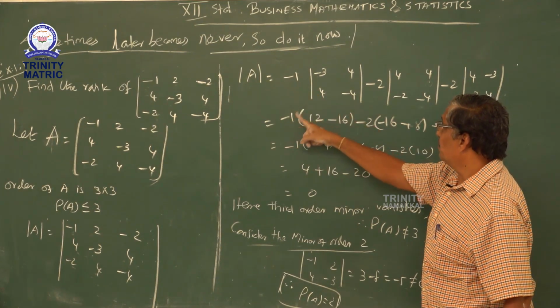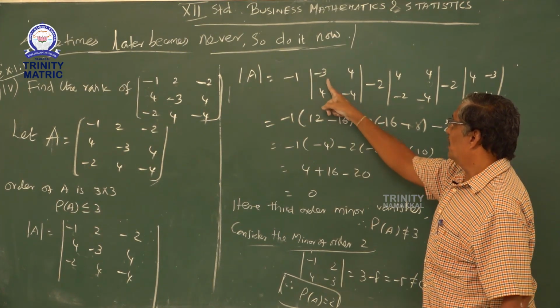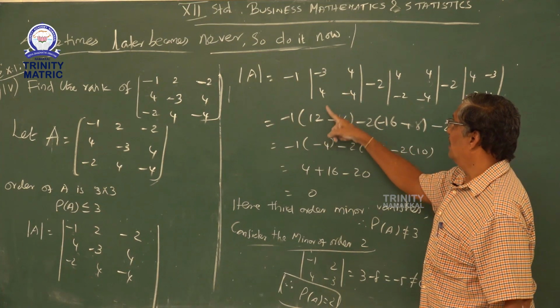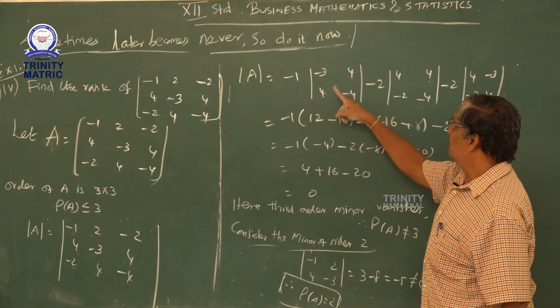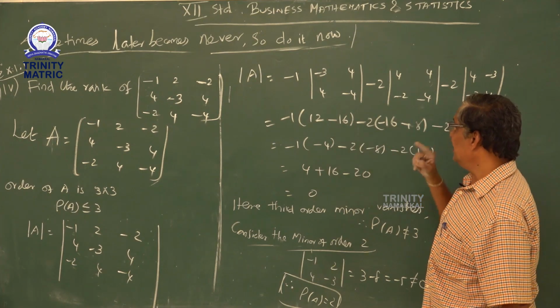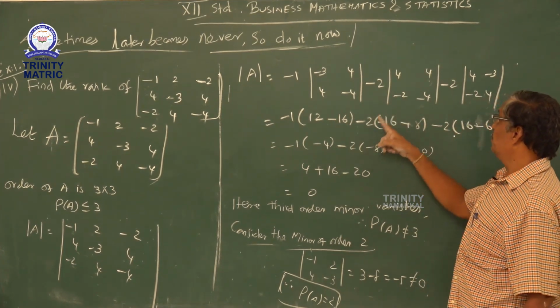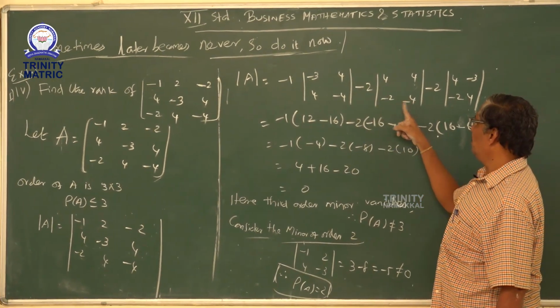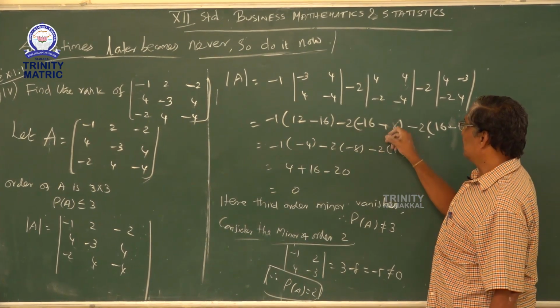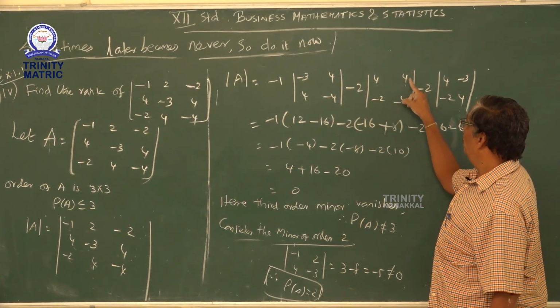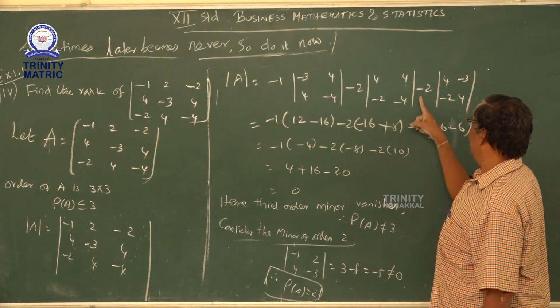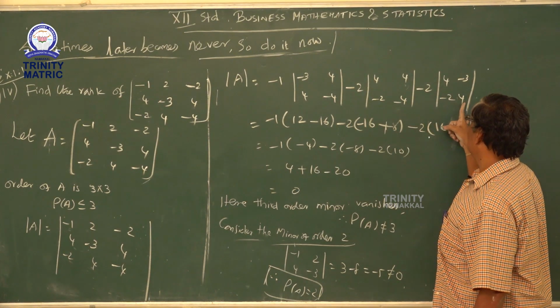You know that minus 1. Both are negative, so 3 4s are 12. You have to put a negative sign. 4 4s are 16 along with the negative sign. Minus 2, 4 into minus 4, minus 16. You have to put a plus sign. 4 minus 2 plus 8. Then minus 2, 4 4s are 16.